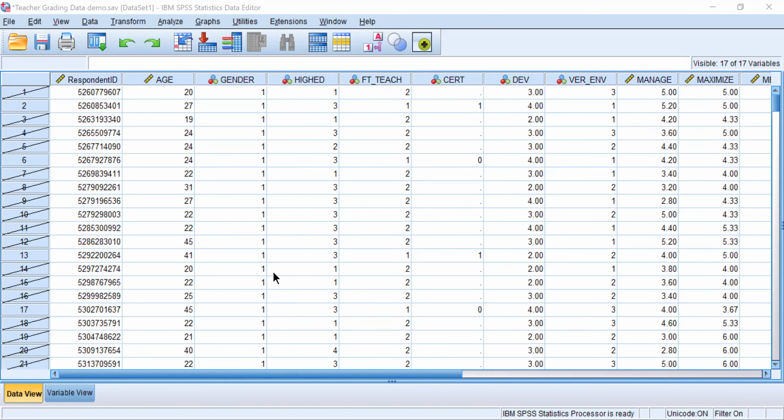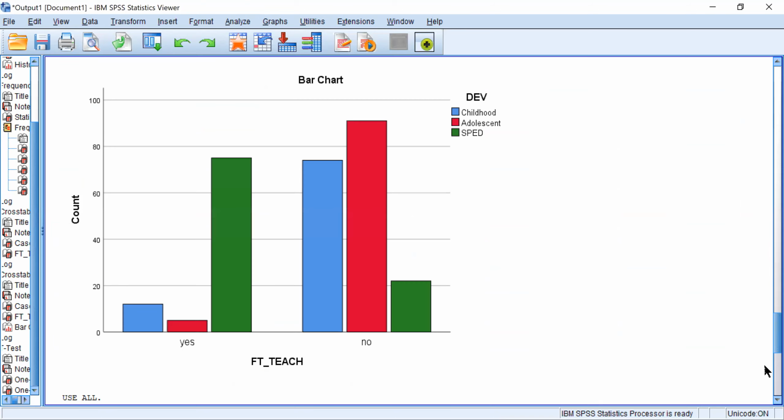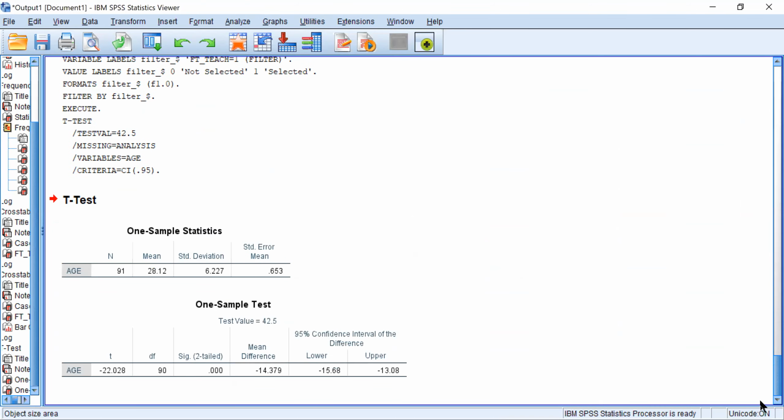Notice that in my output, I think I have to share my output with you again. In my output, I'm down to 91 teachers because I'm only including teachers' age, not the non-teachers. And the average age for the teachers is 28.12.